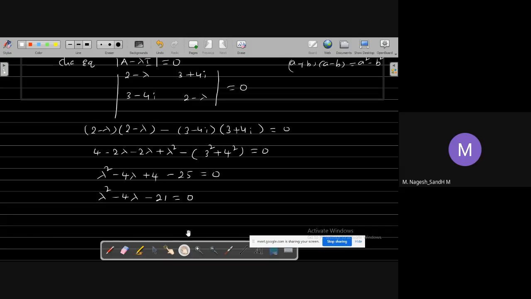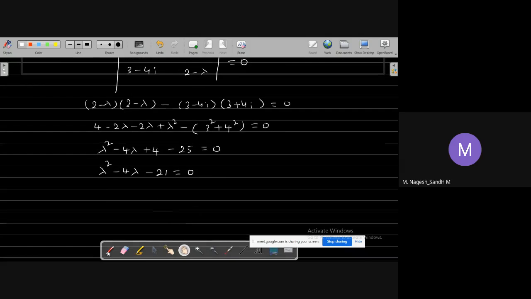Now you have to get 21 as the product. How can we get it? 7 threes are 21. So lambda square minus 7 lambda plus 3 lambda minus 21 equal to 0, since minus 7 lambda plus 3 lambda is minus 4 lambda.